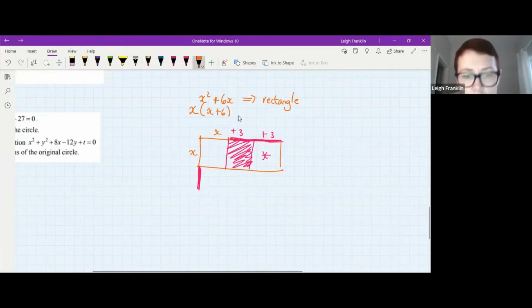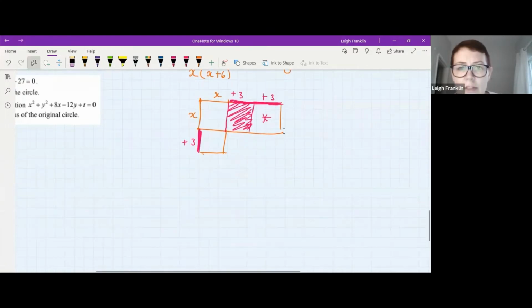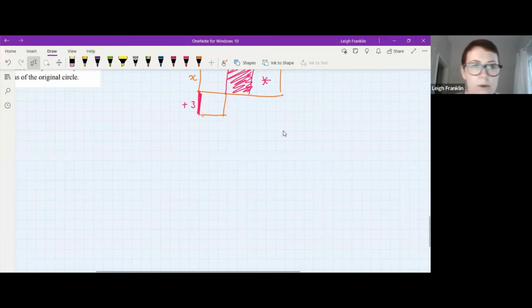And then I'm going to draw the orange sides that close up my square. So here is my pink 3, my side over there, that's this side. And now my square has been closed by those orange sides. So now this is what my diagram looks like. I have got an orange square, which is x by x.